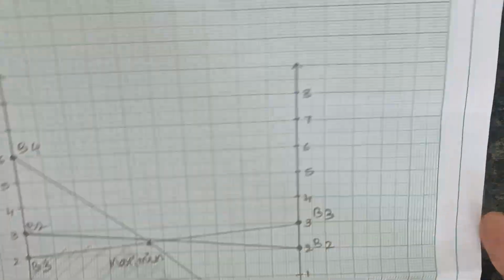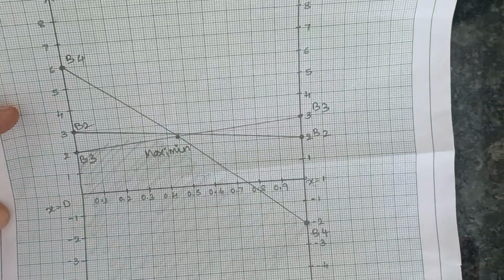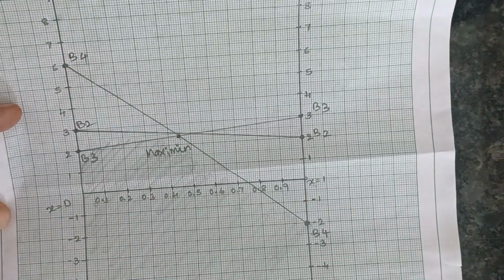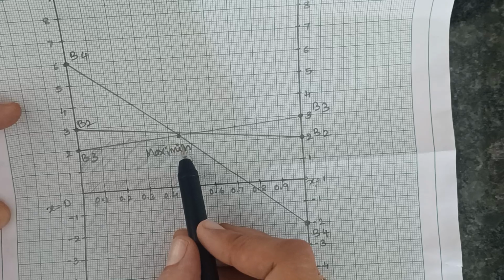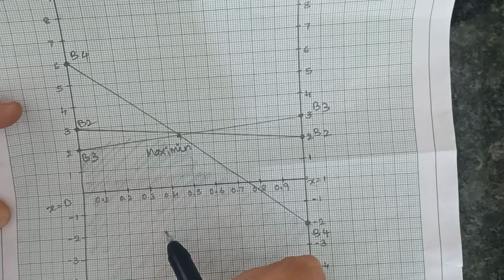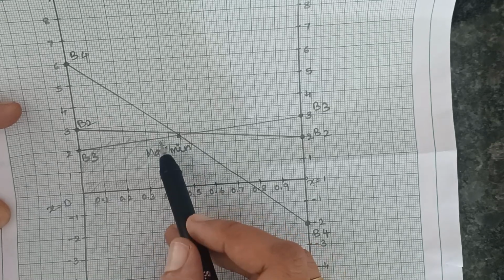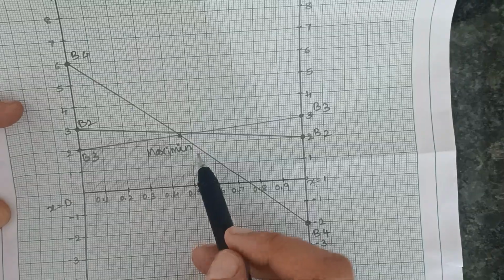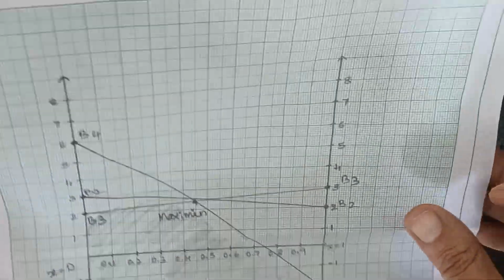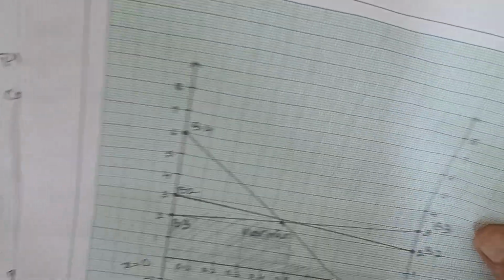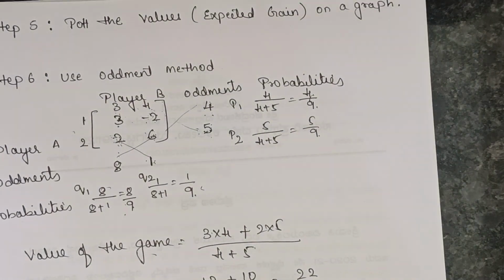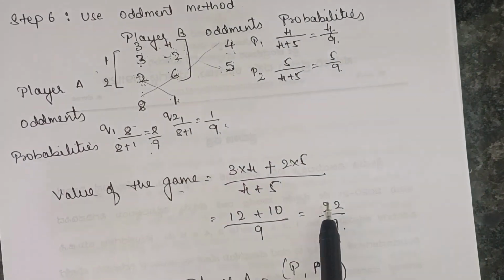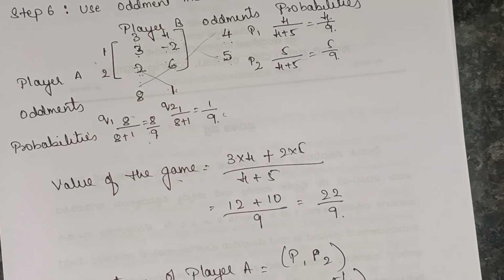So in the graph sheet, as this is a 2 into n game, we have to select a maximum point which will be the lowest one. So here the 2 alternatives which are intersecting will be selected, and on these 2 strategies we will be using the oddments method. So once the oddments method is used, we can arrive at the optimal strategies and then the value of the game. So in the next video, we will be taking up M into 2 games.